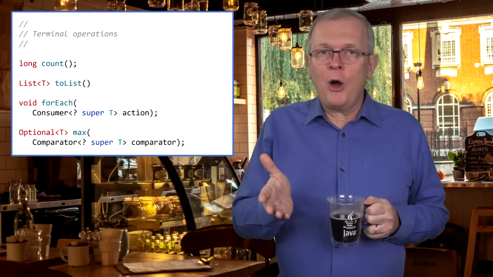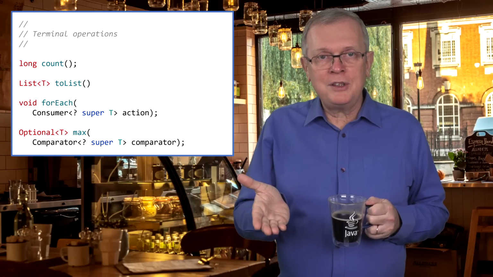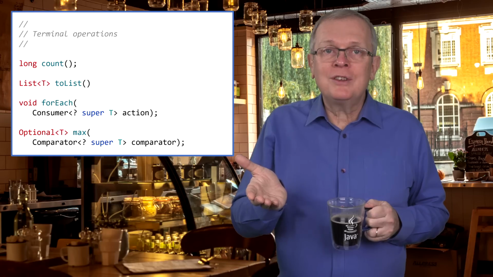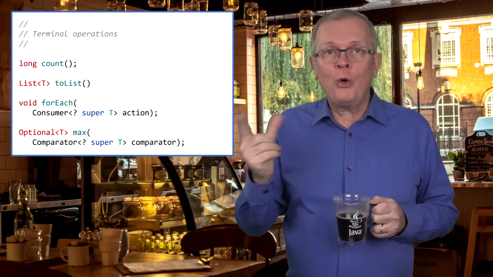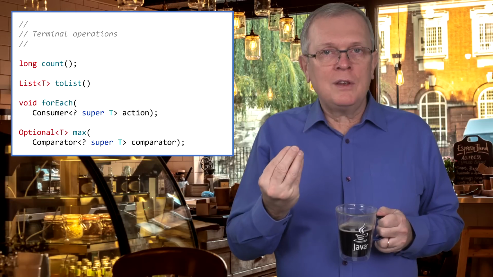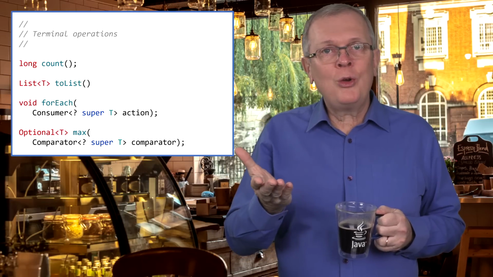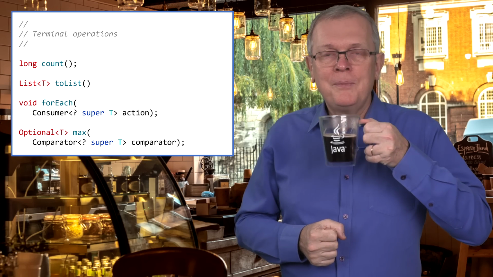But fortunately, there are also times when it's not empty, so returning an optional is actually a way to return either something or nothing. These methods that return something else than a stream, including void, are called terminal operations.